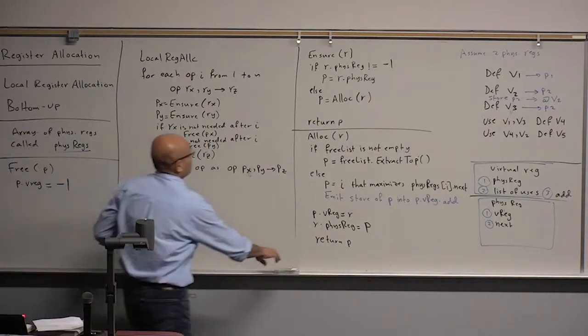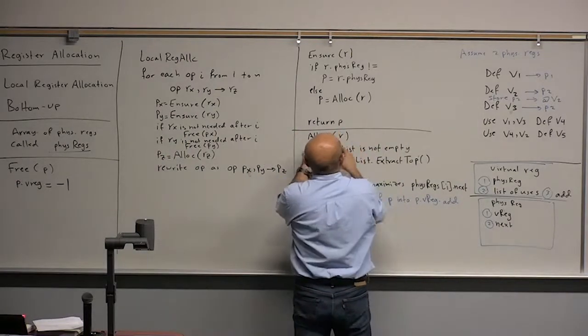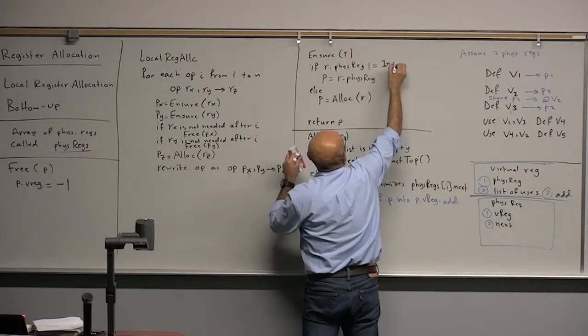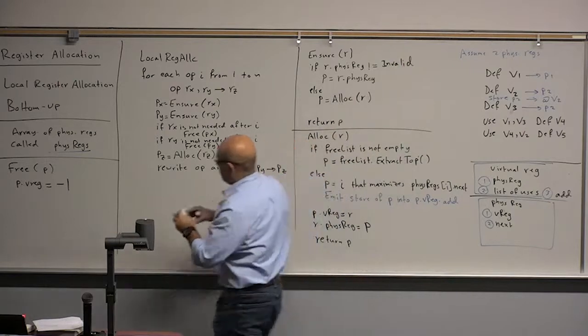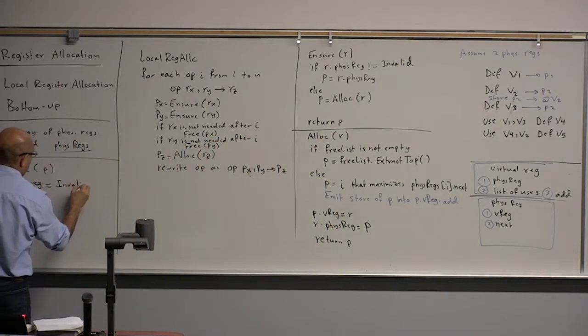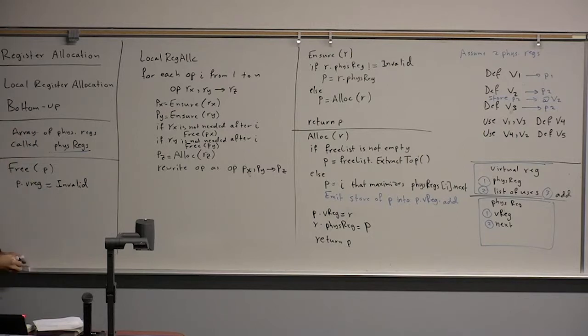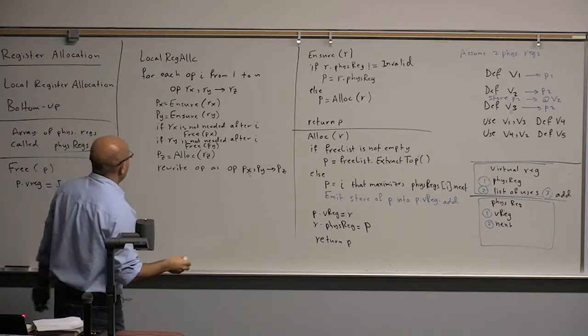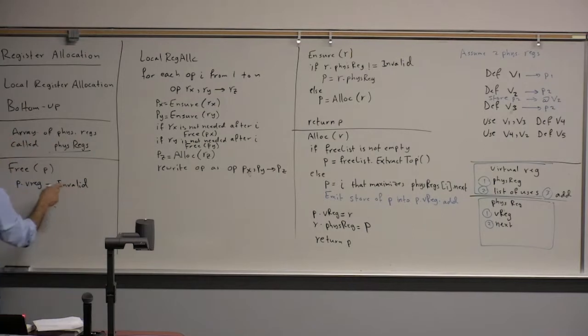Okay, so maybe we can just say invalid. And this is invalid. Okay, so invalid, and for next, p dot next is going to be also invalid.